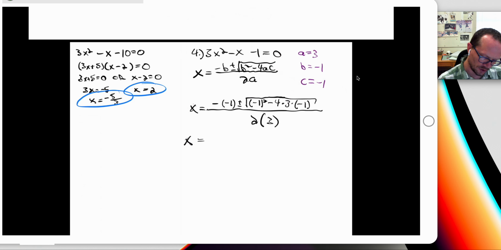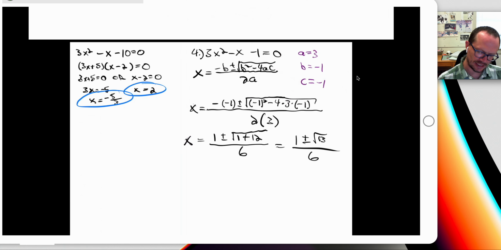Simplifying, x equals 1 plus or minus the square root of 1, negative 12 times negative 1 is positive 12, over 6. So I get 1 plus or minus the square root of 13 over 6.